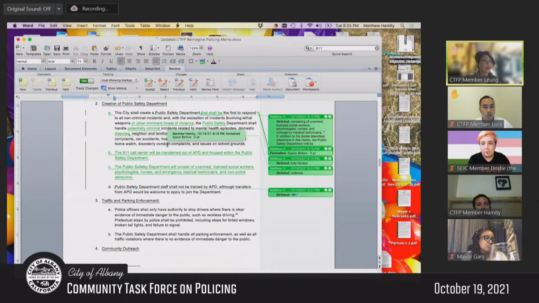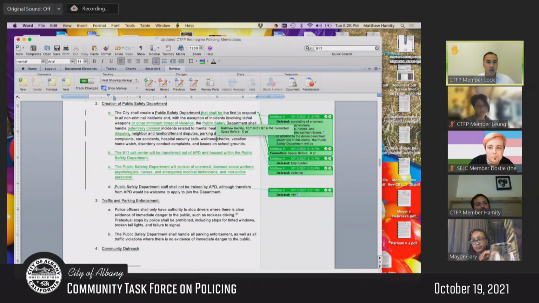We don't always have to consider using the police as the first response. And my fear, if we're not really clear even amongst ourselves about when a public safety responder is going to be called and when police are going to be called, is that it's going to be a mixed message. So I just want us to be clear about what we really mean when we talk about some of these things.